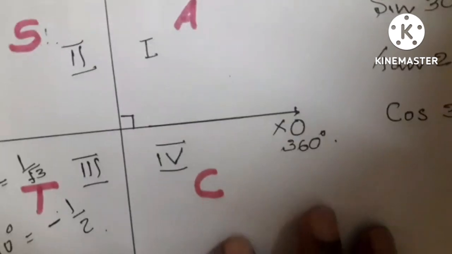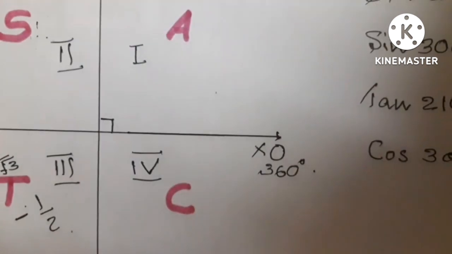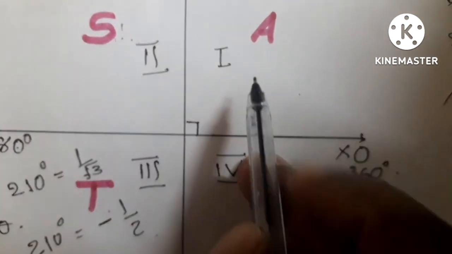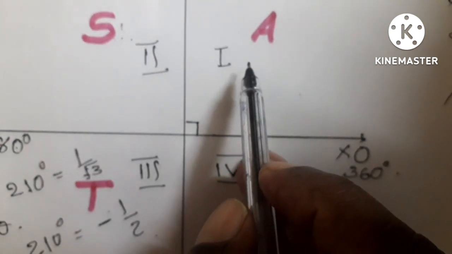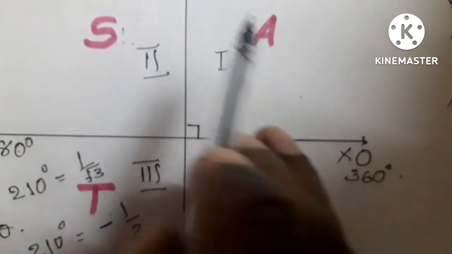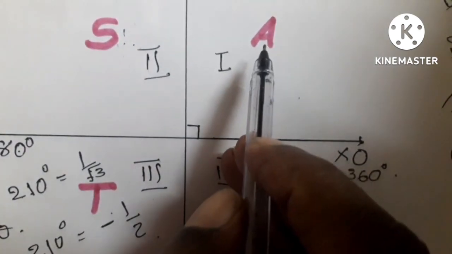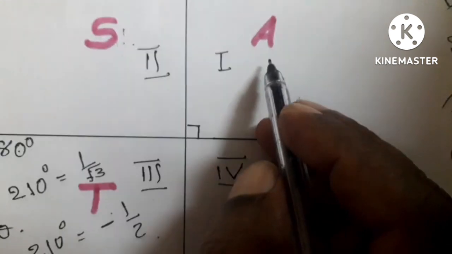So in the first quadrant, all the values are positive. All the values means sine 30. For example, sine 30 we know is 1 by 2, so its value is positive, plus 1 by 2. Cos 30 is equal to root 3 by 2, again positive in the first quadrant.